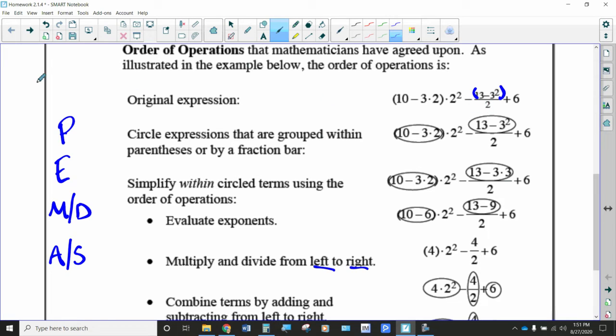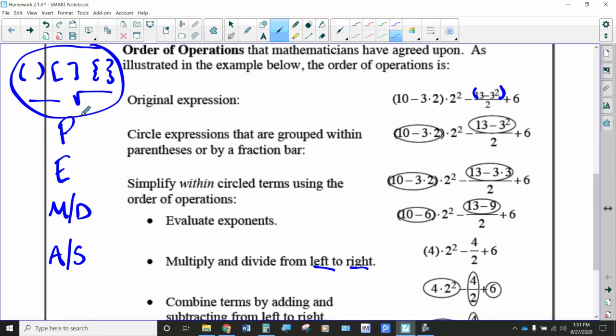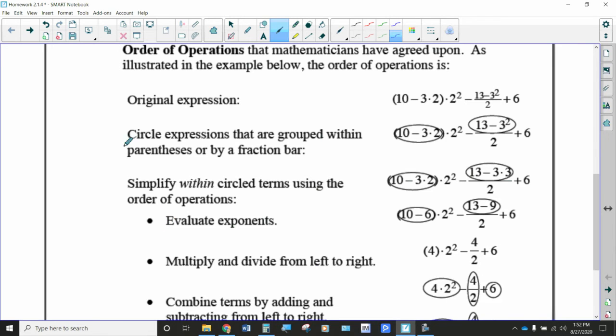And so fraction bars, parentheses, brackets, braces, there's the fraction bar, even the square root symbol. All of these qualify as parentheses or different grouping symbols. So as we practice this more, it'll be easier to remember and to understand.